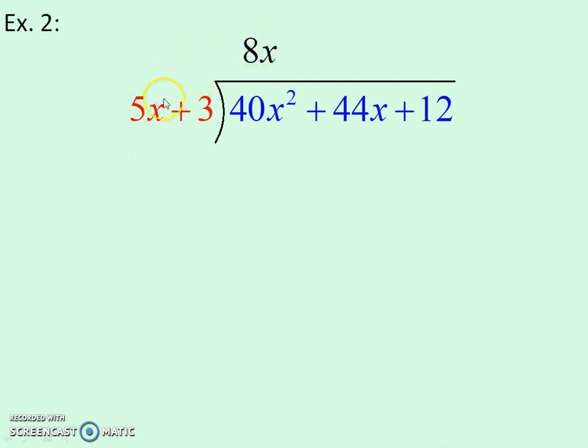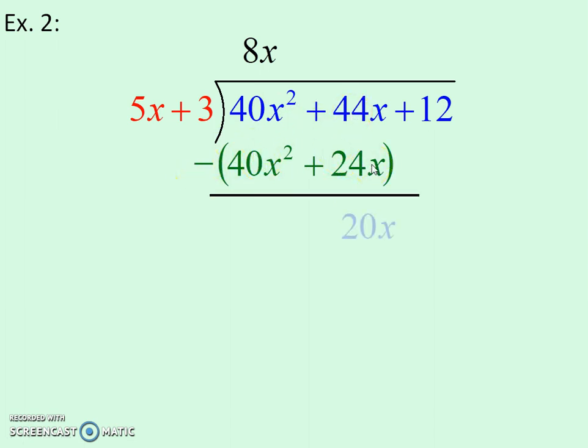I'll multiply this times both of these terms. 8x times 5x is 40x squared. 8x times 3 is 24x. I'll write those here. I'll subtract that whole thing. I'll distribute the negative. 40x squared minus 40x squared cancels. 44x minus 24x is left with 20x. Bring down the next term.